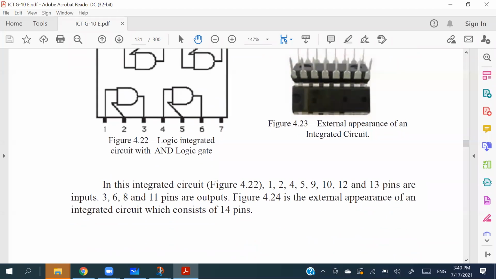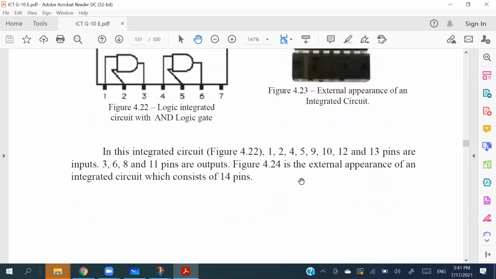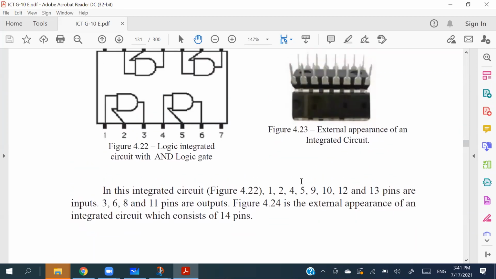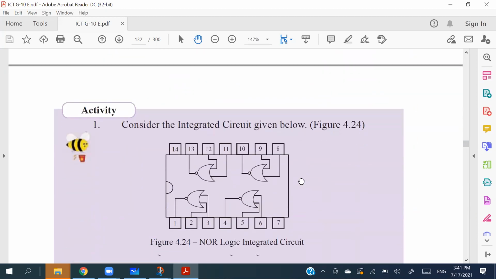As the explanation says, in these integrated circuits, pins 1, 2, 4, 5, 9, 10, 12, and 13 are inputs, the pins connected to the input part, and 3, 6, 8, and 11 are the output pins, right? The number of pins can differ from IC to IC, right? There are several different types. Here they are talking about a 14 pin IC, right?